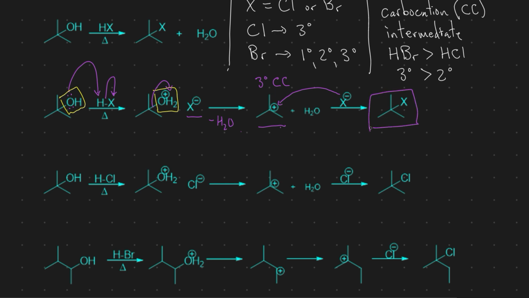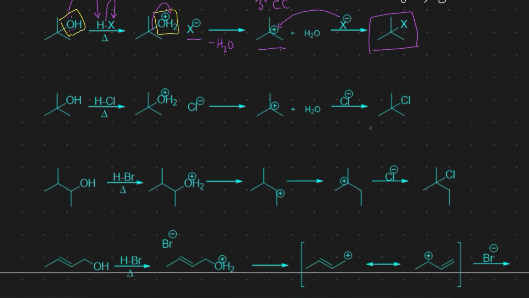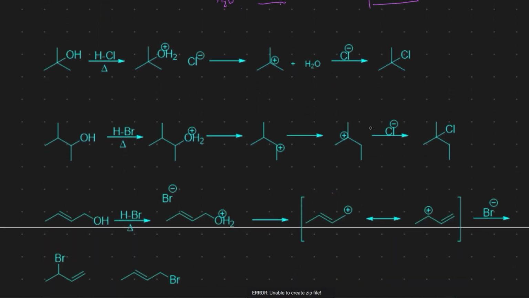Let's look at that with actual reagents. So now we're going to do addition of a halide using HCl. Remember, HCl can only do tertiary substitutions in this example, and that's what we have here.